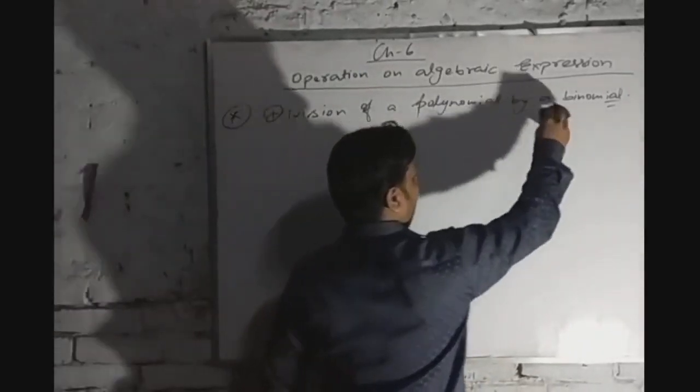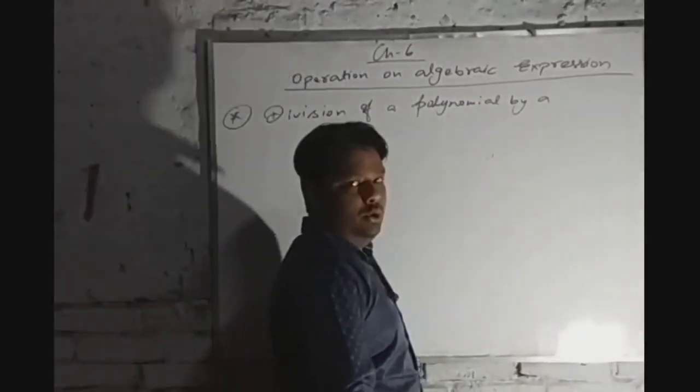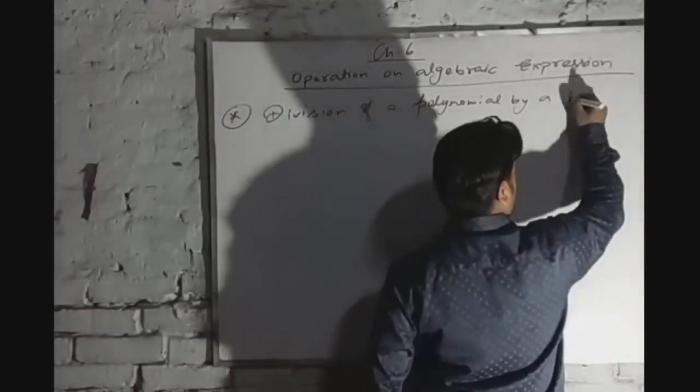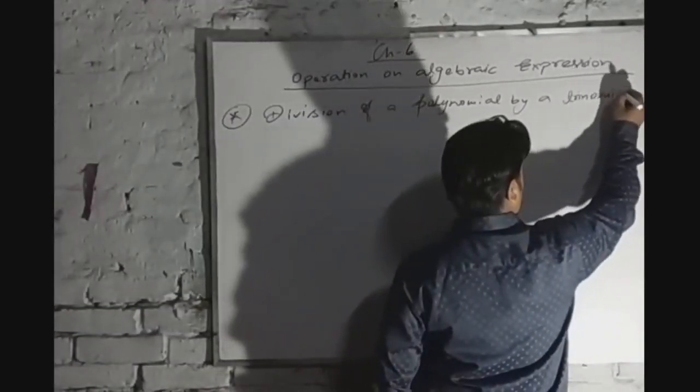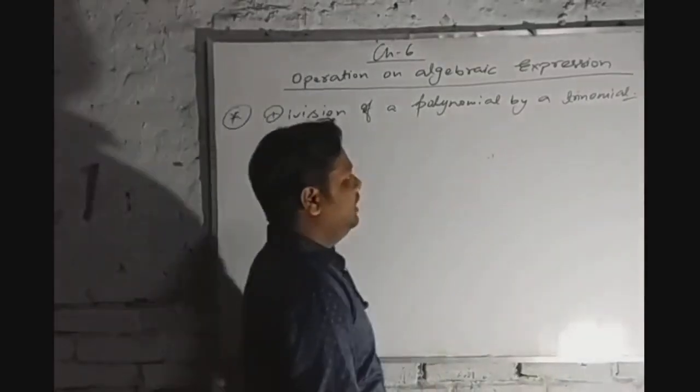Division of a polynomial by a trinomial. Then what will be its result? Okay. Let's see.